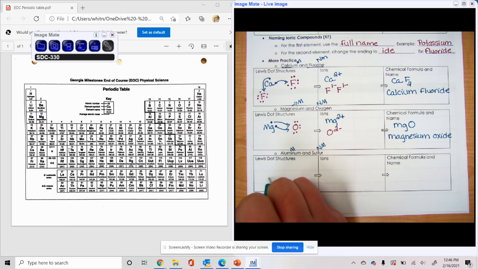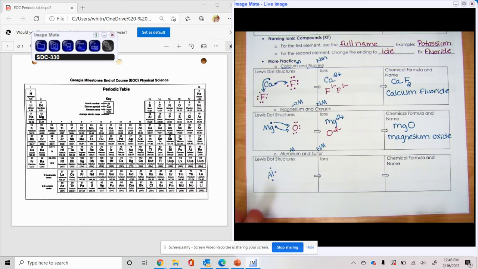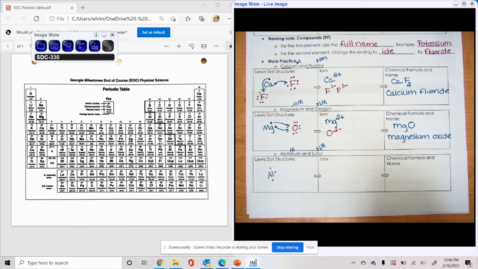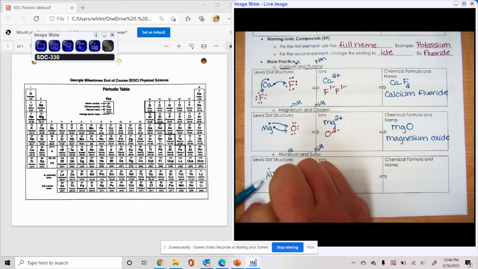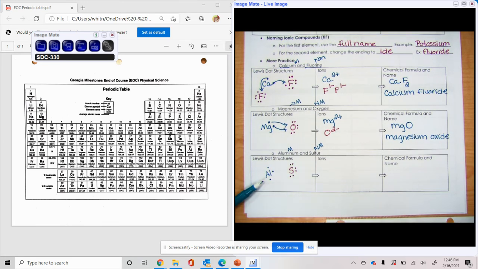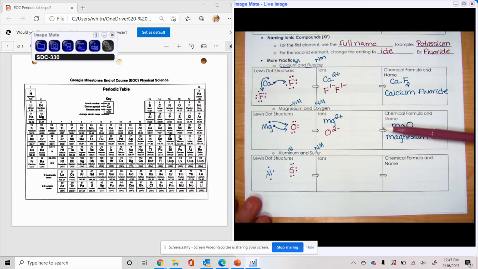So Al, 1, 2, 3. Sulfur has 6 valence electrons. 1, 2, 3, 4, 5, 6. All right, so this one's tricky. Let's see if we can do it. If you want to pause the video and try it yourself and then come back and check, you can.